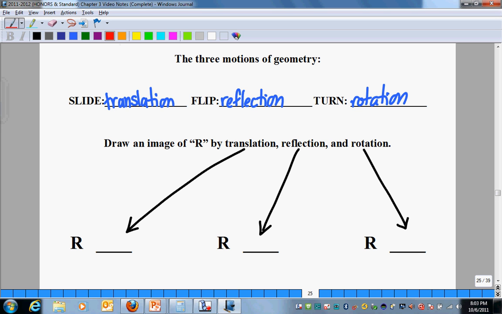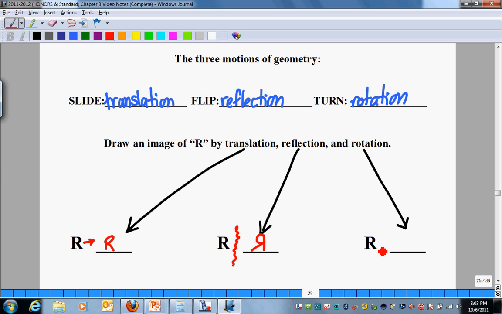Translation just means to slide. So if I took that R and just slid it, it would be the exact same image. A reflection, imagine if there's a mirror here, what would the image look like on the other side? It's the flip of it.